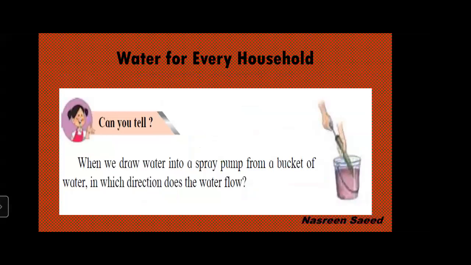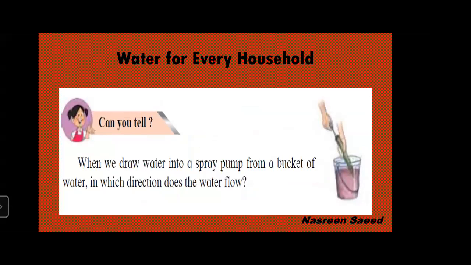Now, can you tell, when we draw water into a spray pump from a bucket of water, in which direction does the water flow? We have seen that water flows down, but if you have seen a spray pump, which is like an injection, when you put pressure on it the water flows upward.